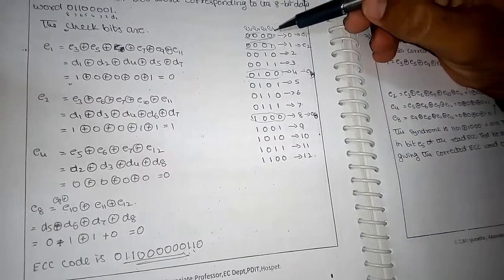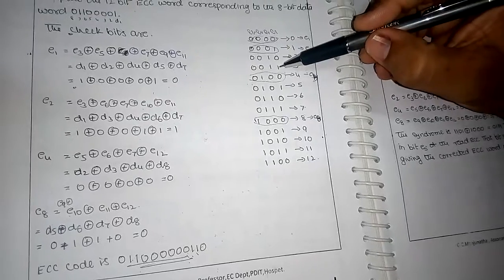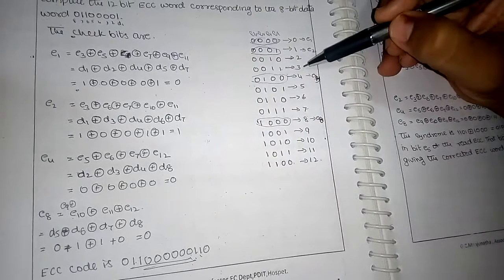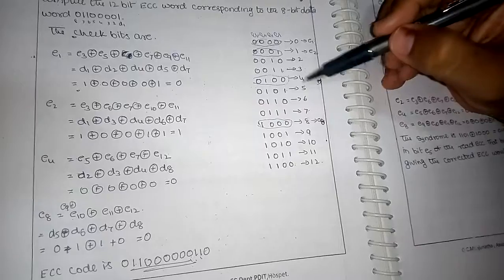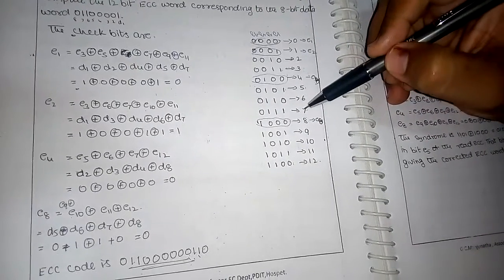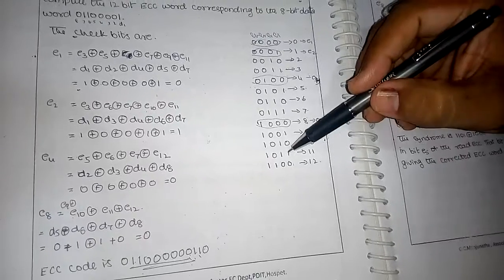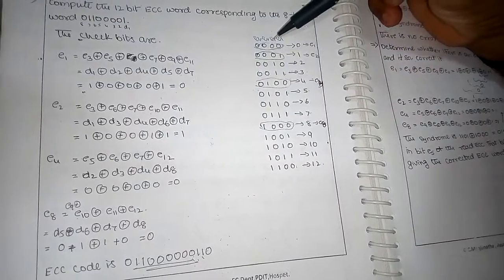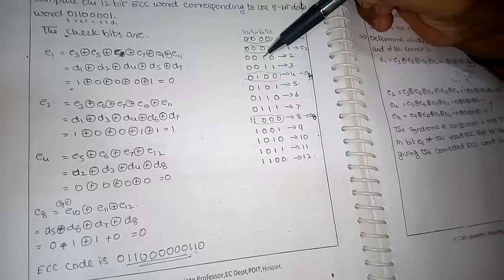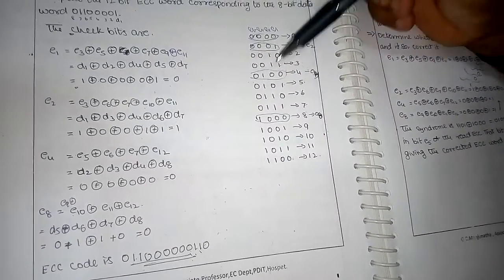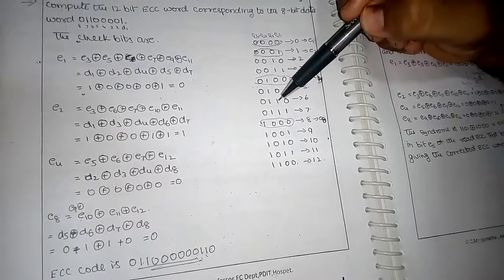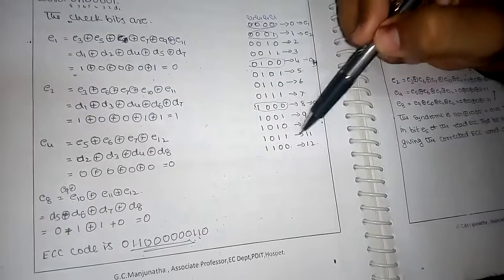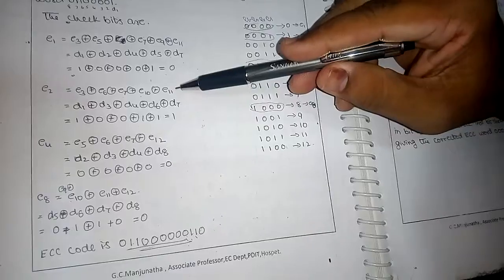In the E1 column, where the ones are, I write the corresponding values. For E1, the 1 exists in E3, E5, E7, E9 and E11, and we write this here. Similarly, for E2, the 1 exists in E2, E3, E6, E7, E10 and E11.